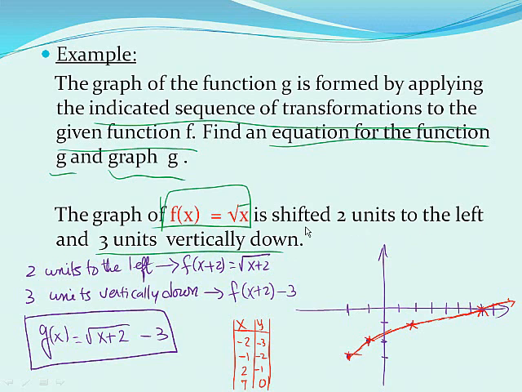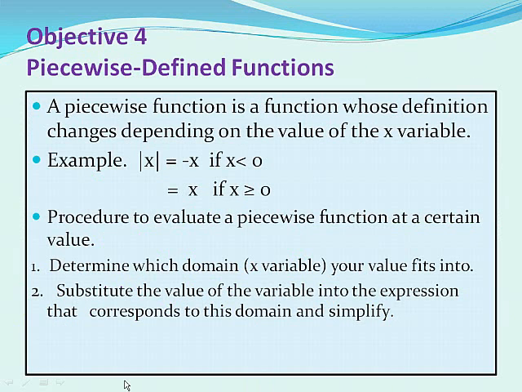These are the two transformations. If the graph is shifted 2 units to the left, then the formula will be changing like this. 3 units vertically down means that f of x plus 2 will be changing as f of x plus 2 minus 3. So if we do these two transformations in sequence, our formula for g of x will be g of x equal to root of x plus 2 minus 3.